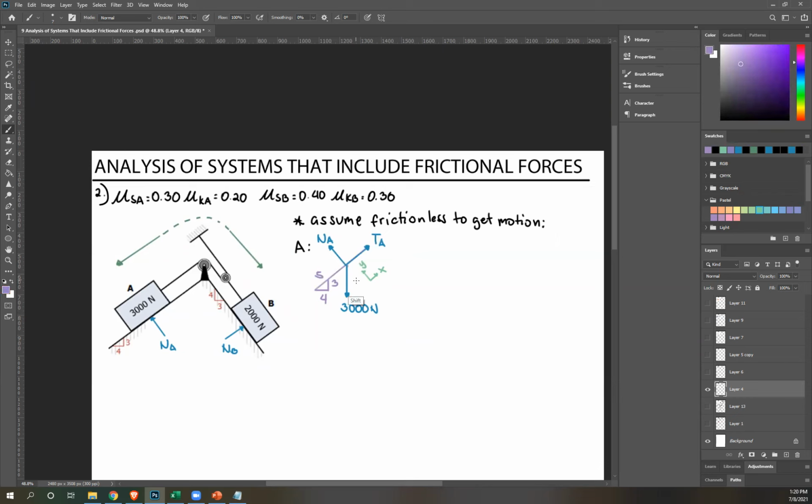To make things easier for us, just know this is where that line is. We're going to do the theorem on angles again to figure out what this angle is.